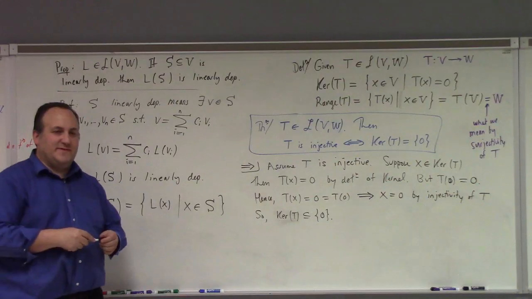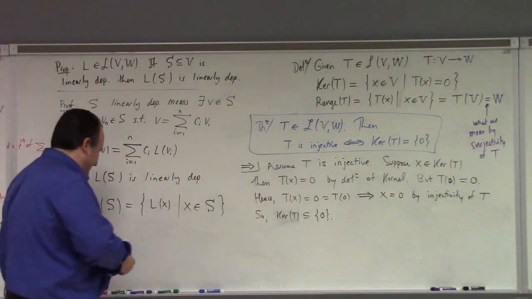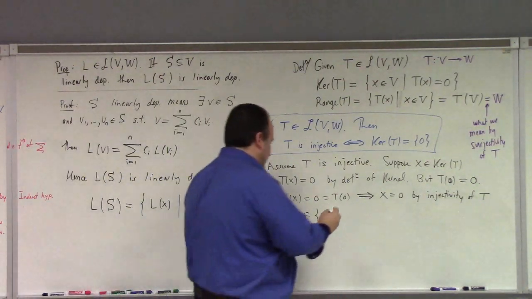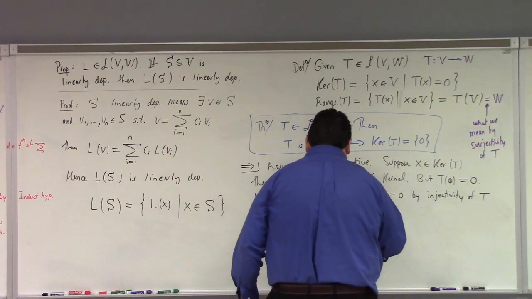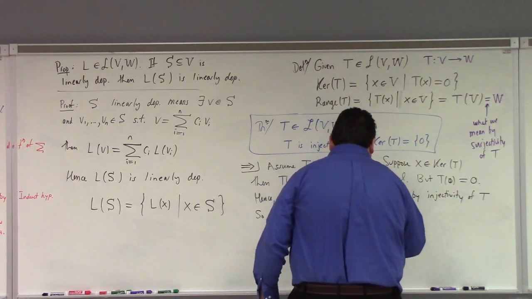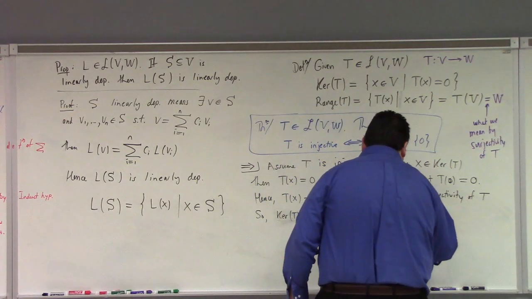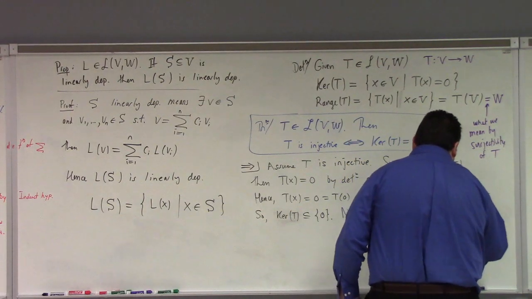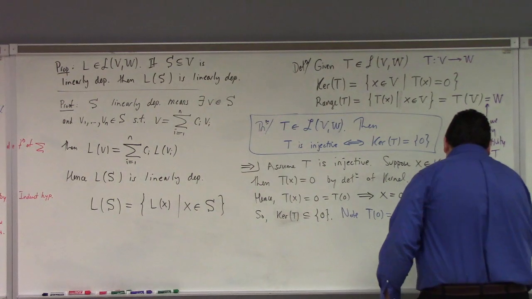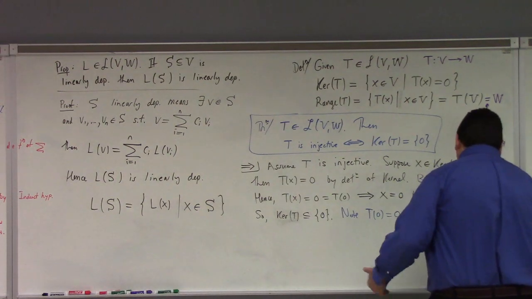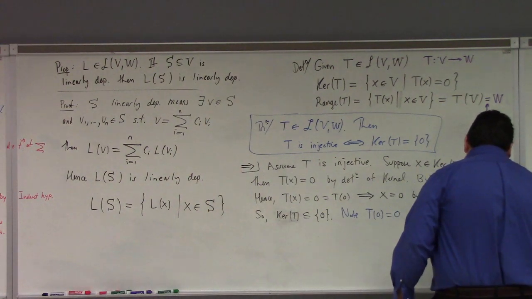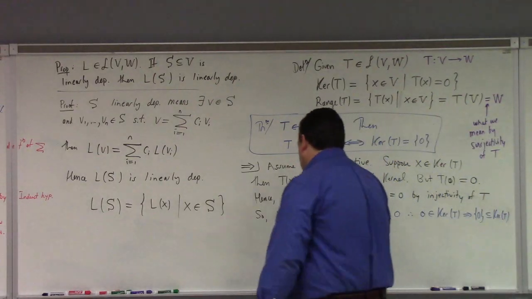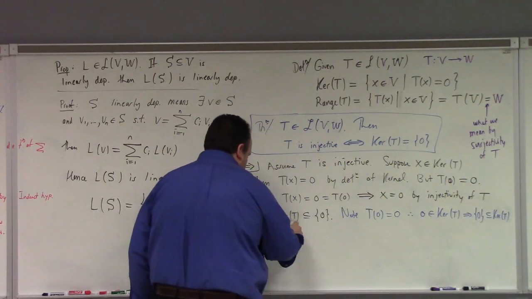But it's obviously also true what? T of 0 is equal to 0, therefore 0 is an element of kernel T. And so the set just containing 0 is also a subset of kernel T. So we have what?